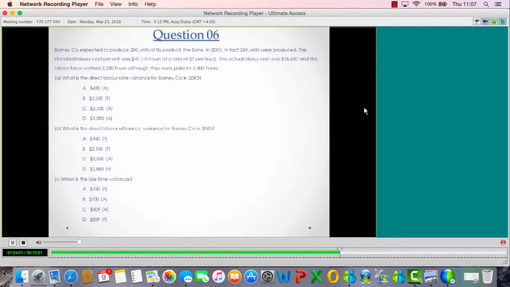Okay, we'll go step by step. We'll go for B. Now here, labor efficiency variance is what? What is the definition of it? Per unit, how many hours were used?